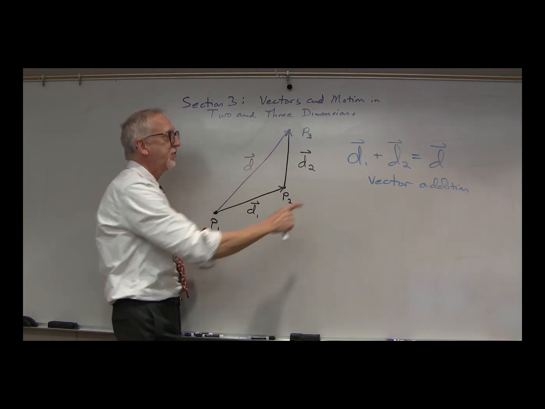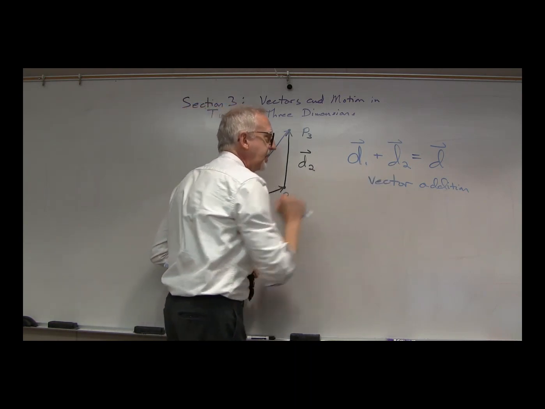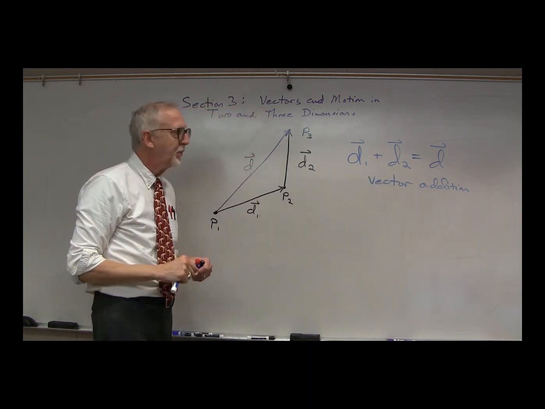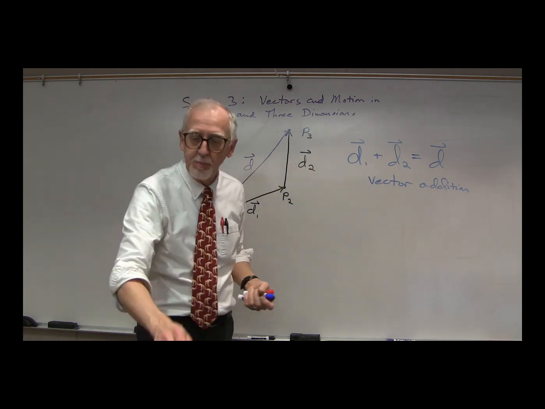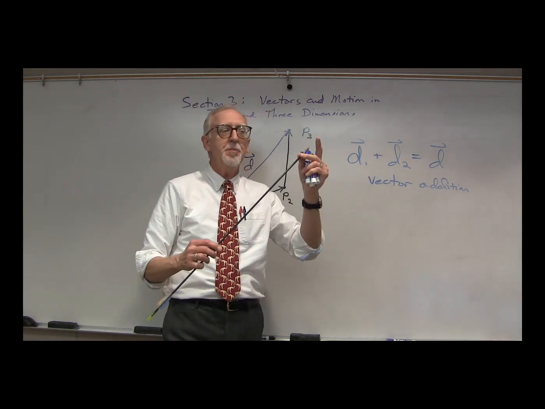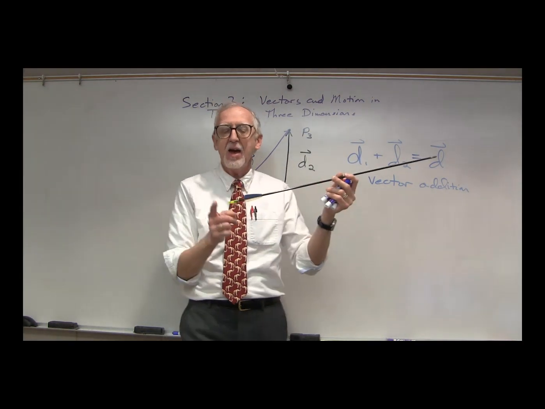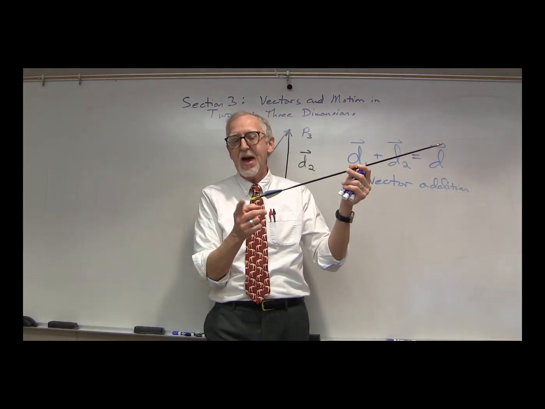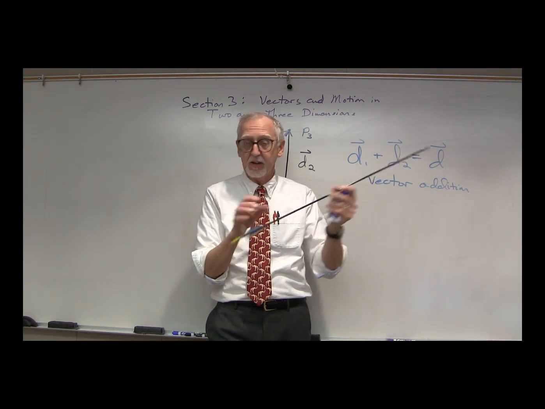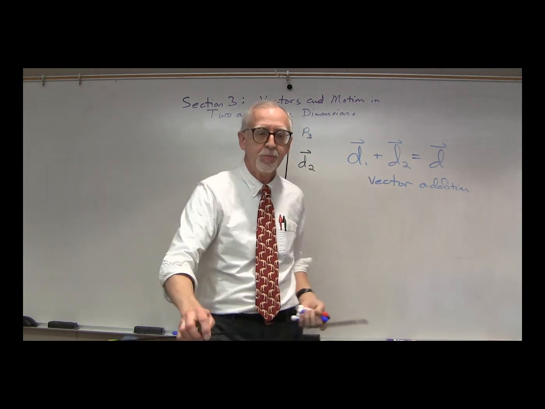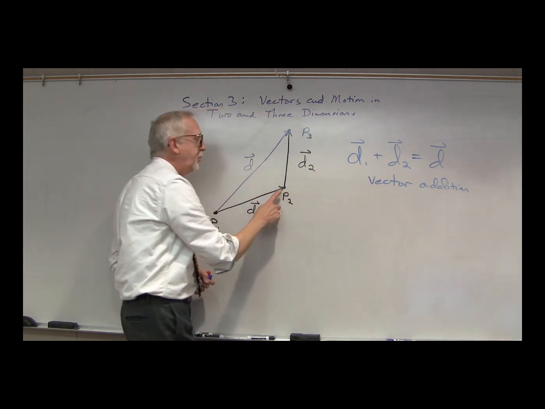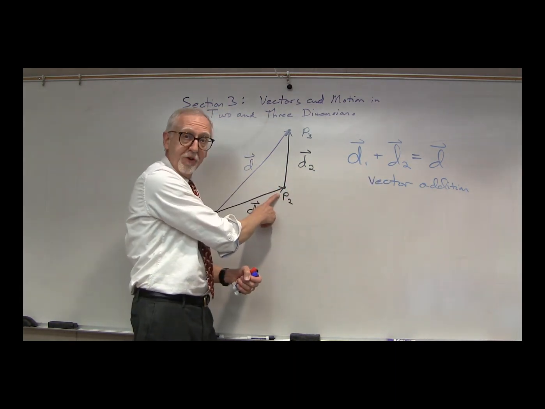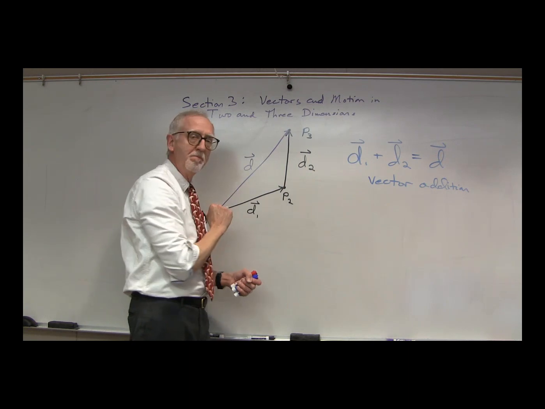When we want to add two vectors together, let's say D1 and D2, what do we do? We take the tail of D2. So the tail, remember, we've got a tip or a head of a vector, and we have a tail or the back end. We take the tail of the second vector and put it at the head of the first vector, draw it in.